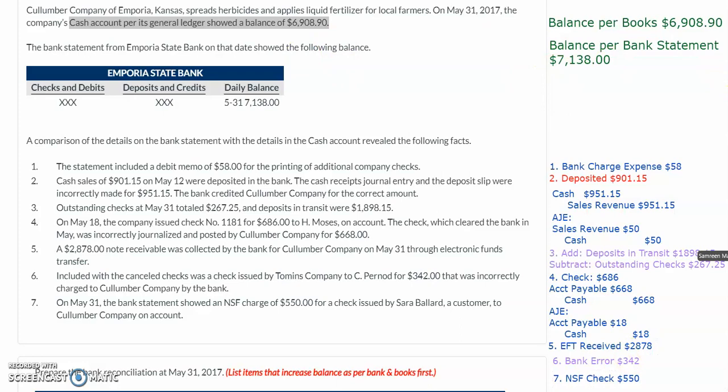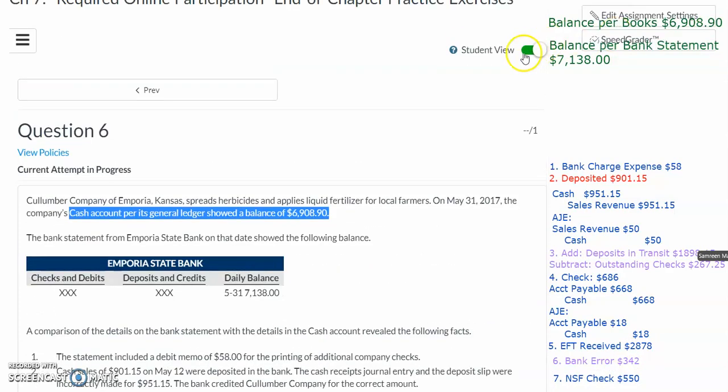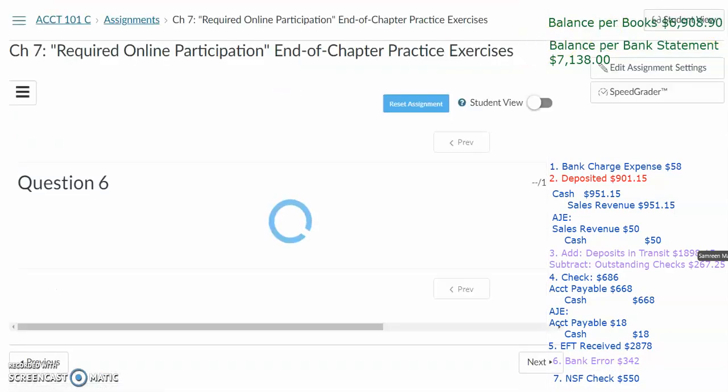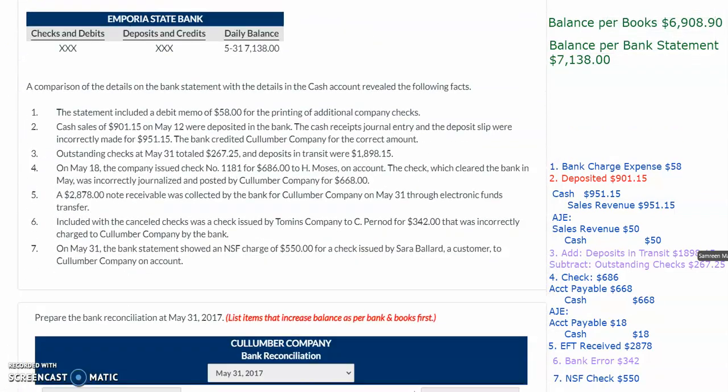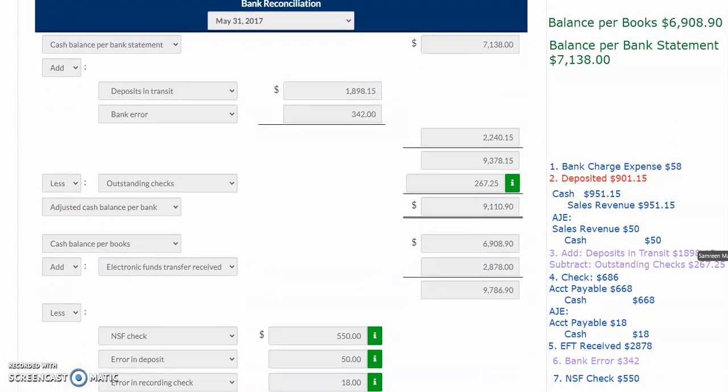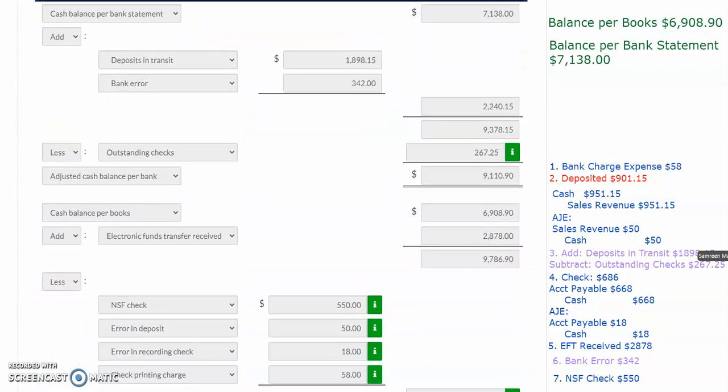So as we go through our reconciliation, now that you know what the adjusting entries are and what the adjustments are, you can see that we're going to add our deposits in transit, subtract out the bank error. Add in the bank error, sorry. We're going to subtract out the outstanding checks to get to our adjusted cash balance per bank of $9,110.90.